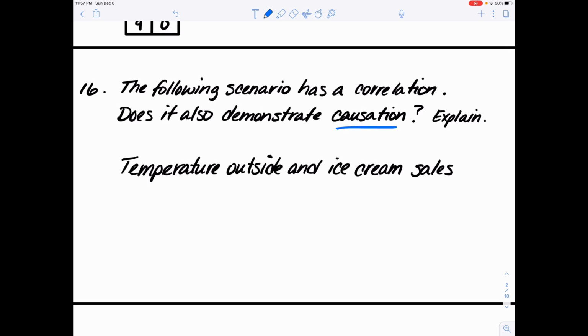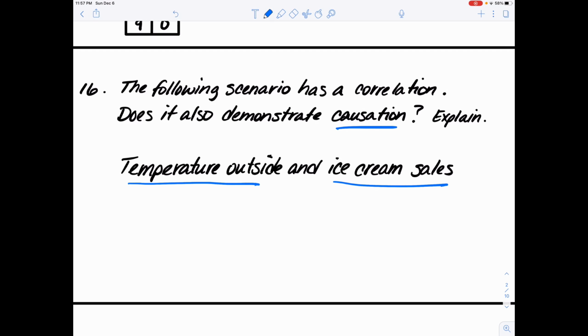So in this case, the question is asking about temperature outside and ice cream sales. So I'm assuming that when the temperature outside goes up, it gets hotter, that the ice cream sales probably go up too because people are buying more ice cream. As the temperature goes down, it's possible that less people are buying ice cream because it's cold outside.